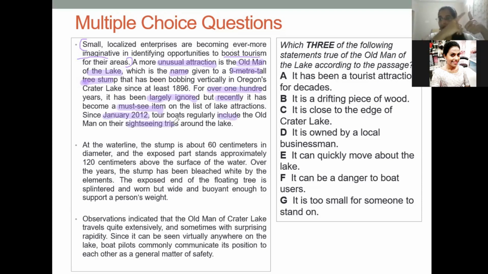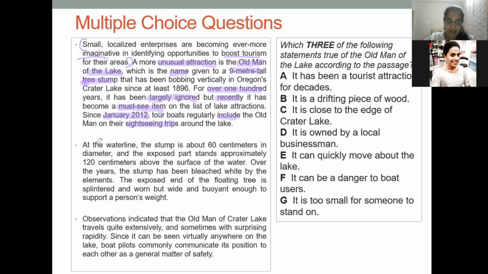What did we understand? It is a 9-meter tree stump, the main part of the tree, in some lake. Many years ago, nobody even bothered about it. But because these small localized enterprises are becoming very imaginative to boost tourism, now it's become a must-see item, and from Jan 2012, people are being taken there.